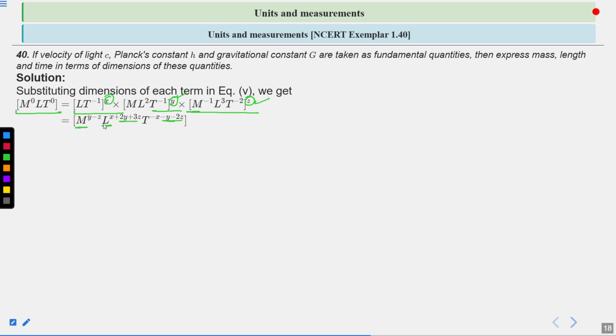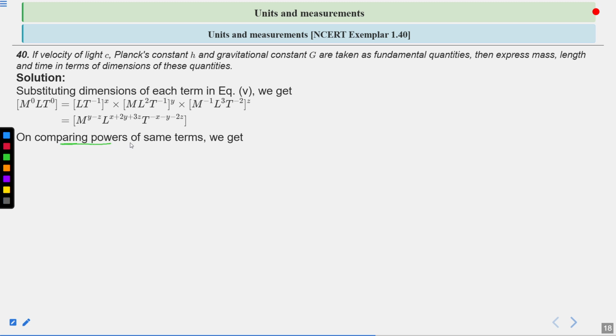Next we compare the powers of M, L, T on the LHS with those on the RHS. Here the LHS is M^0 L^1 T^0 and the RHS becomes this one.